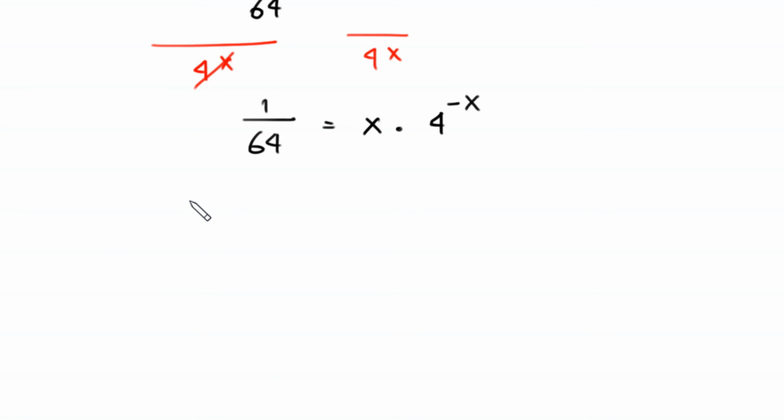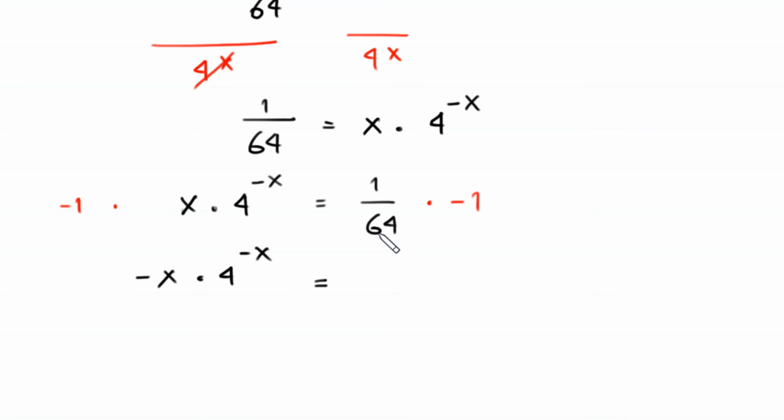We can rewrite this expression as x times 4 to the power negative x equal to 1 over 64. Now we make this left hand side suitable for using Lambert W function. So we multiply both sides by -1. At right hand side we multiply by -1. This -1 times x will become negative x times 4 to the power negative x equal to 1 over 64 times -1 will become negative 1 over 64.